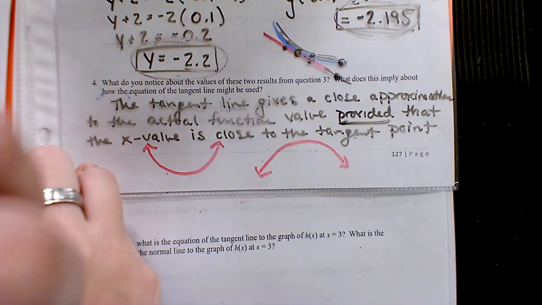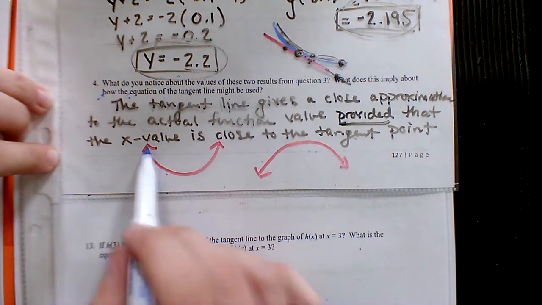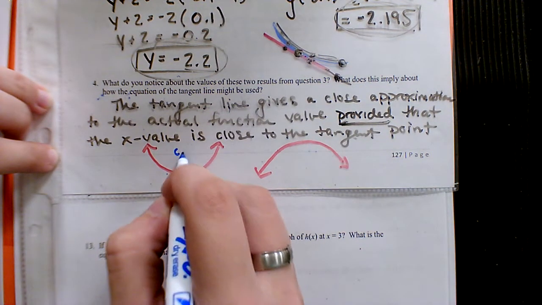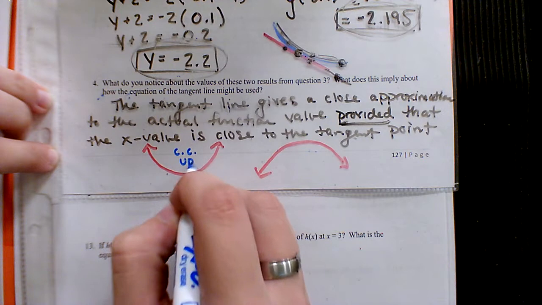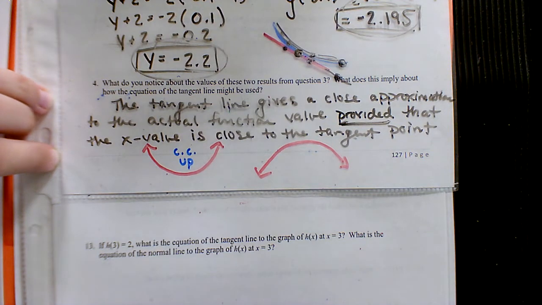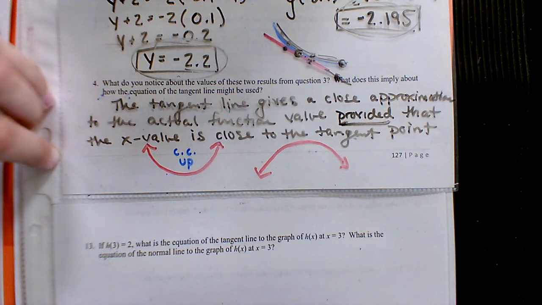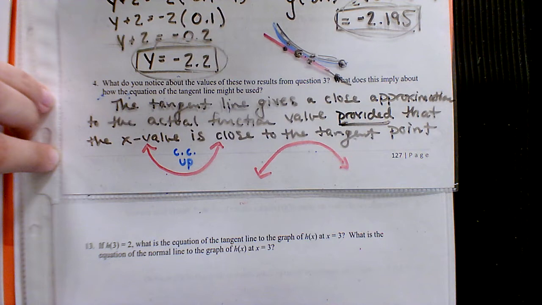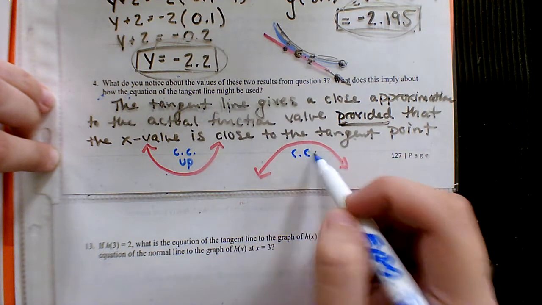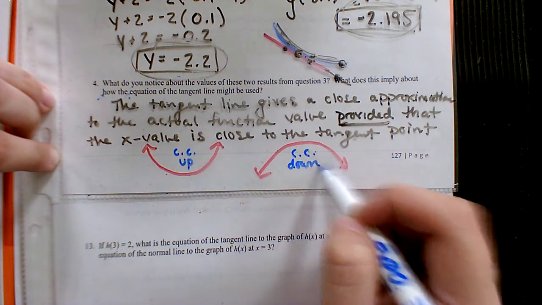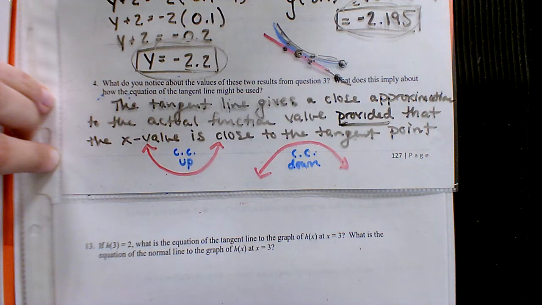If you have a regular parabola shape, this is what's referred to as concave up. I'm going to do CC for short. Basically, think about if you were to fill it with water, the water would stay in the bowl. The other one, though, is concave down. If you were to try to fill that with water, the water would fall out.